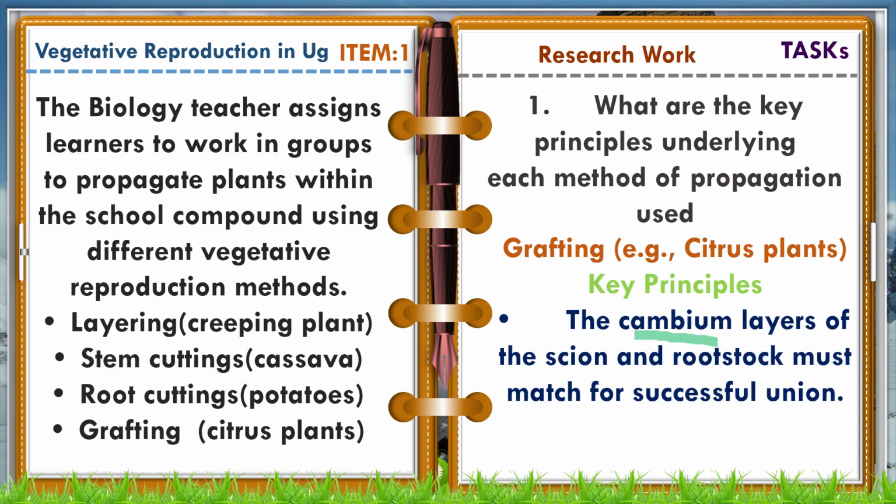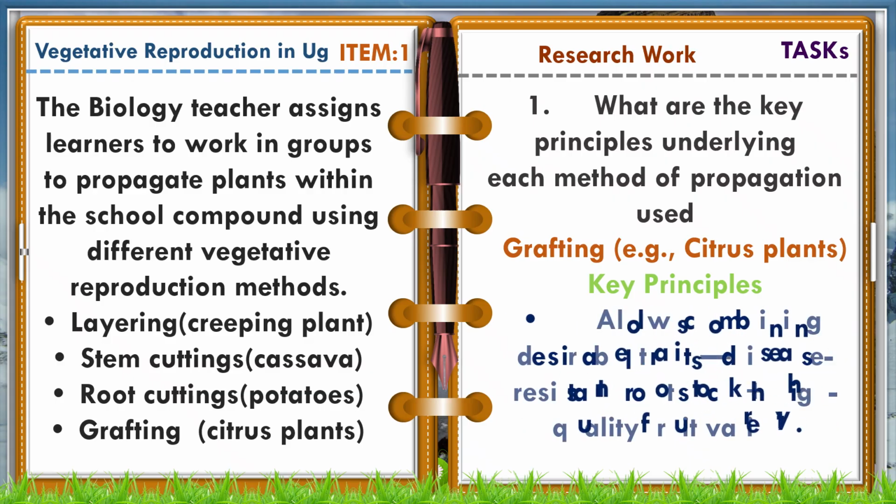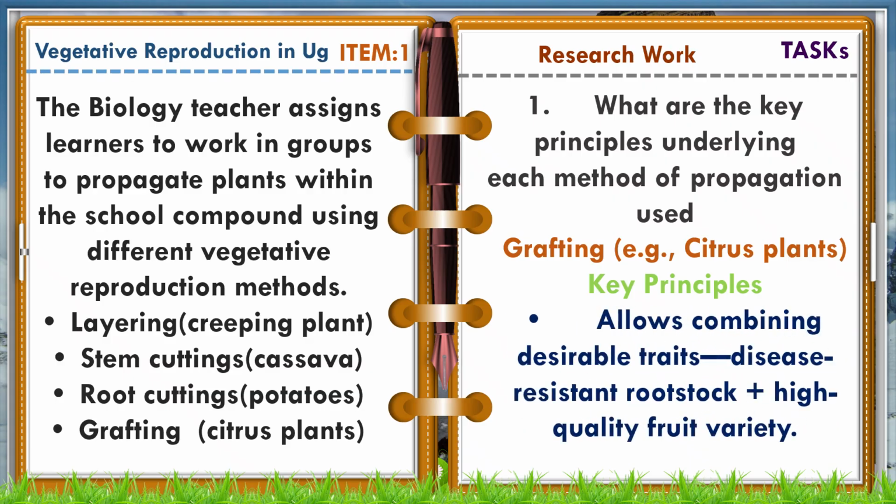The cambium layers of the scion and the rootstock must match for a successful union. It allows combining desirable traits. For example, you have a disease-resistant stock, and that one you combine with a high quality fruit variety.